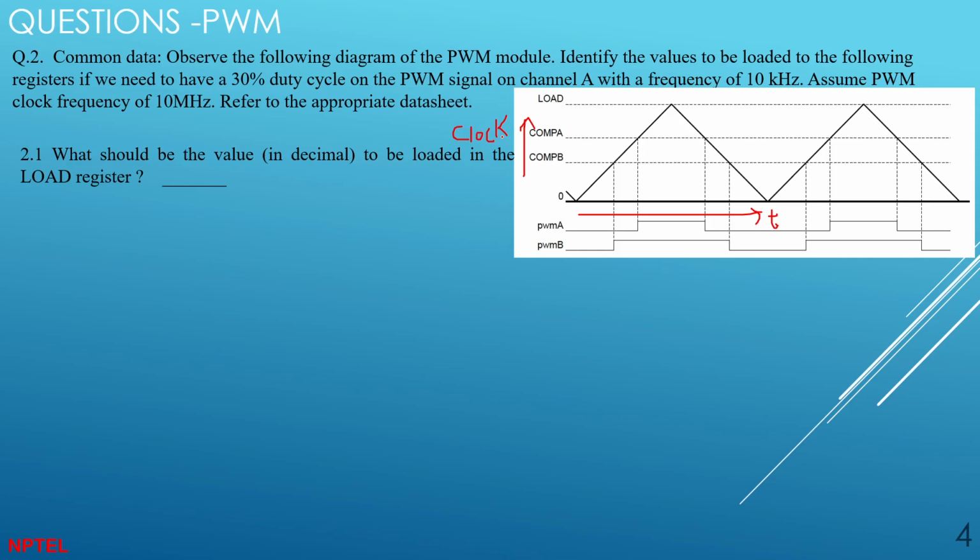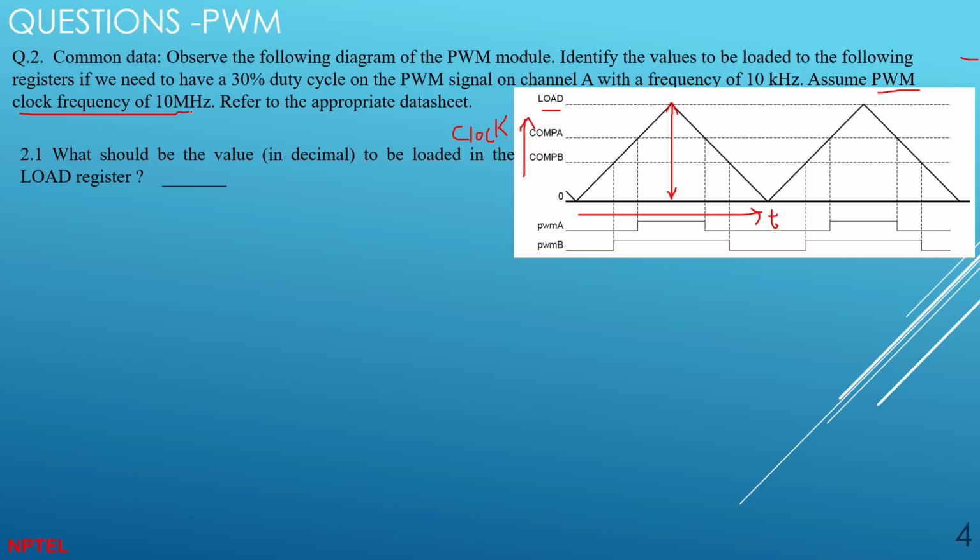So how to calculate this? We need this value, which is from 0 to something. We need to know what load value we write. First of all, this is time, and this is clock cycle. There is this term called PWM clock frequency.